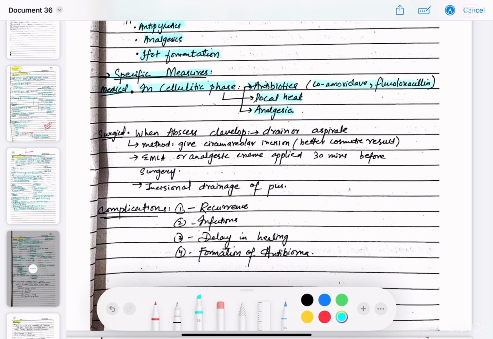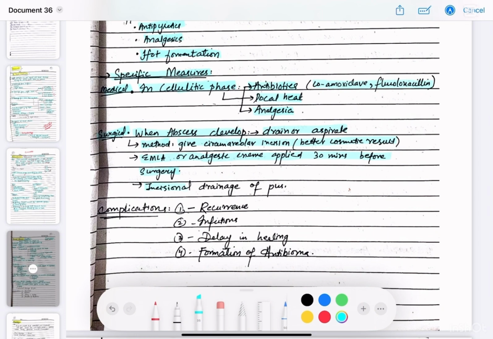And for the surgical treatment, when the abscess develops, it has to be drained or aspirated. The method is a circumareolar incision, which gives a better cosmetic result. EMLA or analgesic cream is applied 30 minutes before the surgery, and incisional drainage of the pus is done.